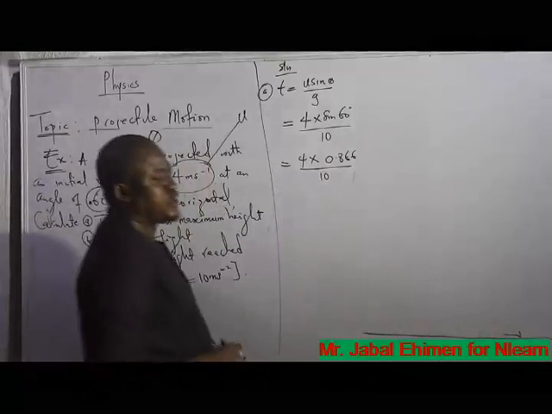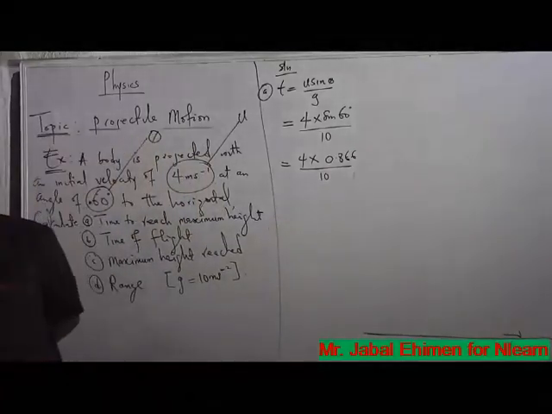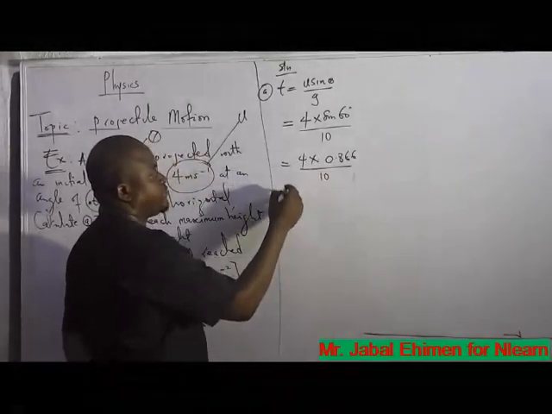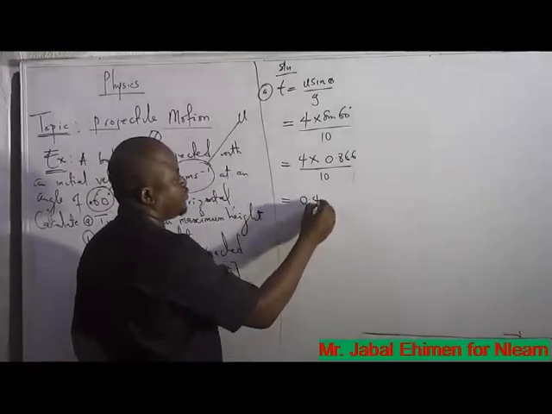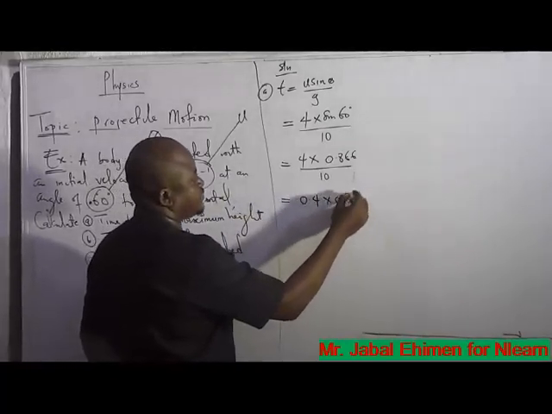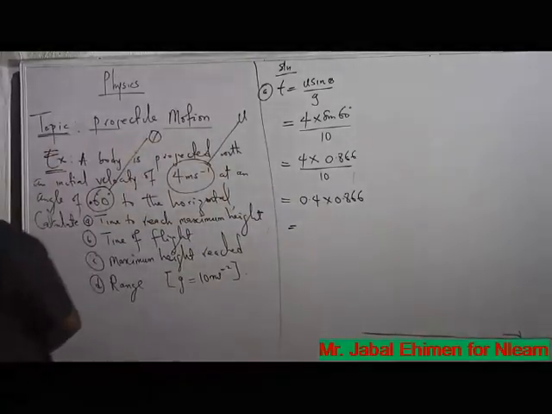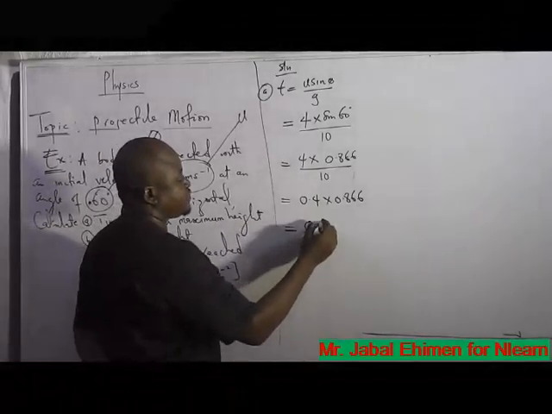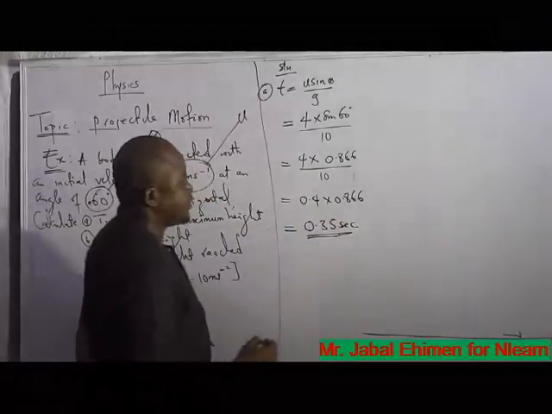Now, if you have that as a value, what do you calculate? You have 4 divided by 10, that's 0.4 times 0.866. That gives us 0.35 seconds. That's our value.